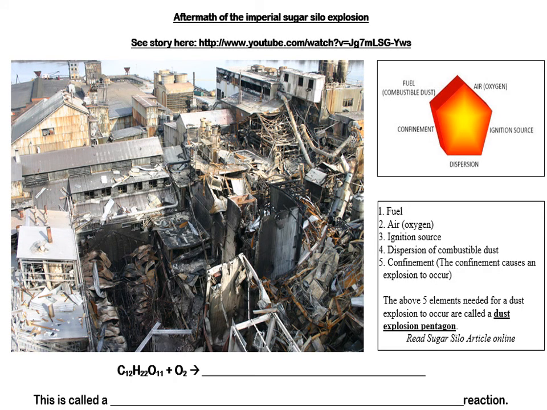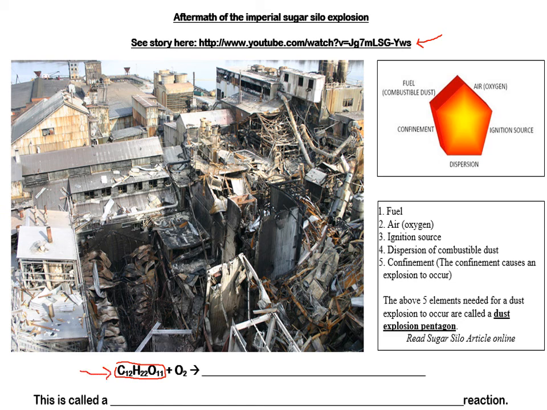So, as I mentioned, if you have a hydrocarbon or some kind of hydrocarbon-like compound, so a fuel source, it could undergo a combustion reaction, and that releases lots of energy to the point where you could have an explosion. So, in this slide, I've included a link to a video at a sugar silo. Basically a sugar factory, where there was an explosion because of sugar. Sugar is a fuel.